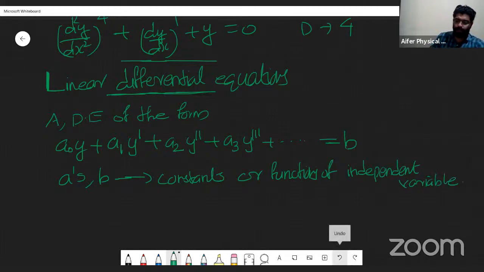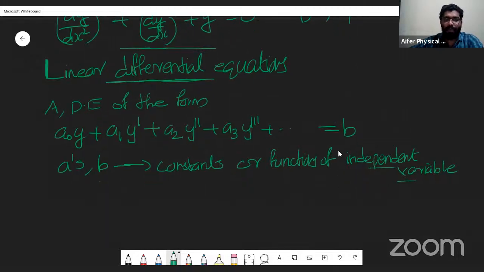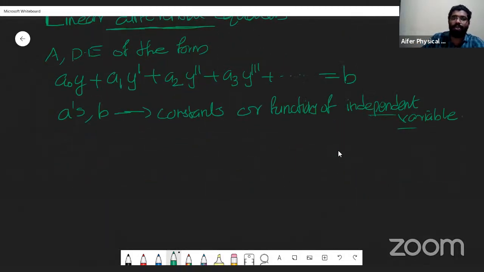Okay. Then only this differential equation is linear. Listen, the differential terms are there, and the coefficients must be constants or functions of the independent variable. Then only the differential equation is linear. If you see the highest order derivative, say the last term a n, y n, then the order of this differential equation is n.